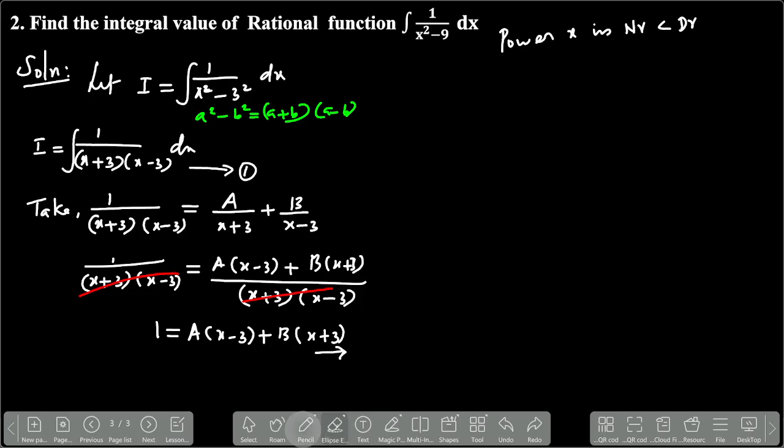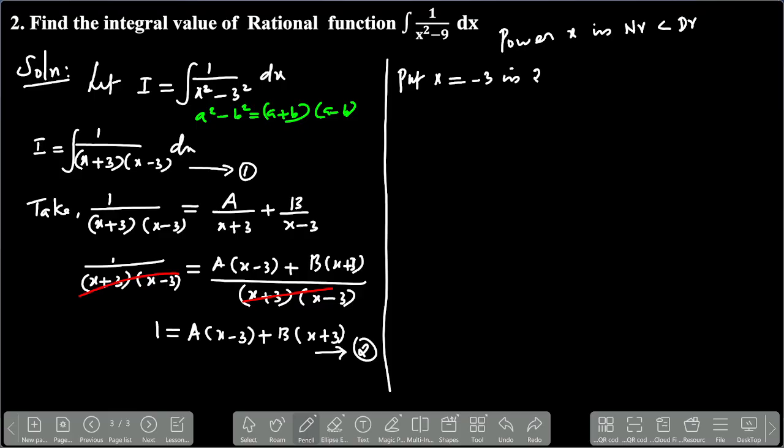Any doubt? What is next? Substitute. Now put the opposite value of x, that is x equal to minus 3, in equation number 2. What are you going to get? 1, there is no x on the left side.